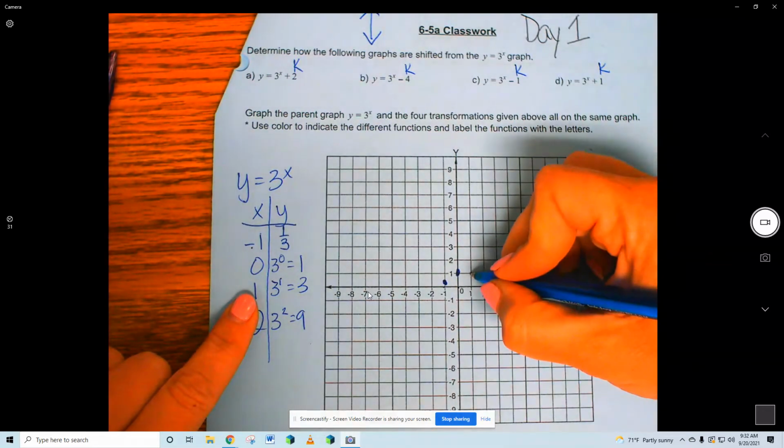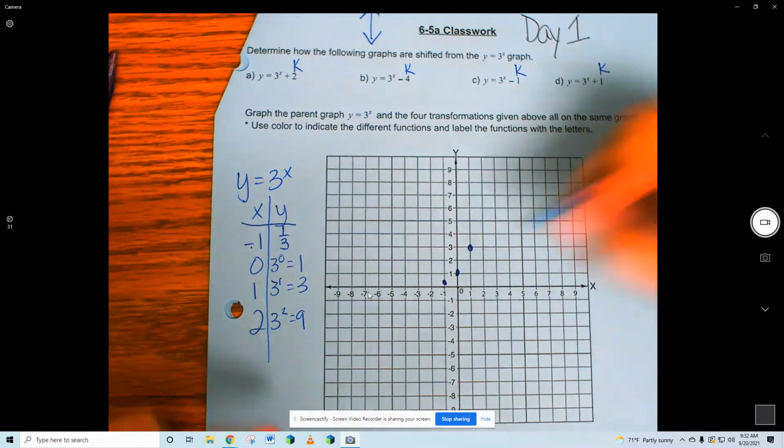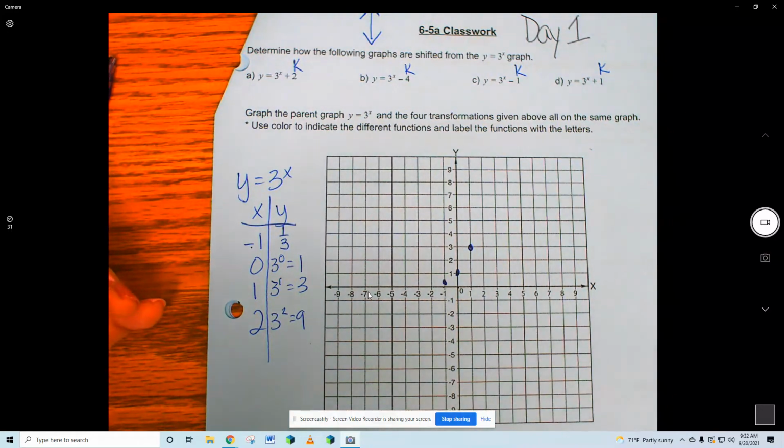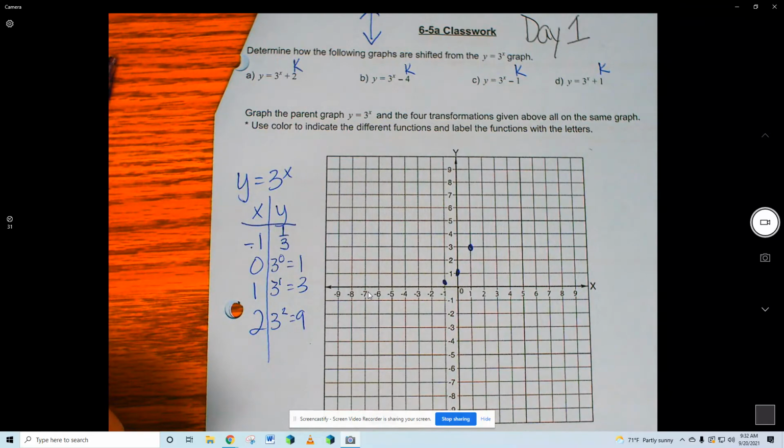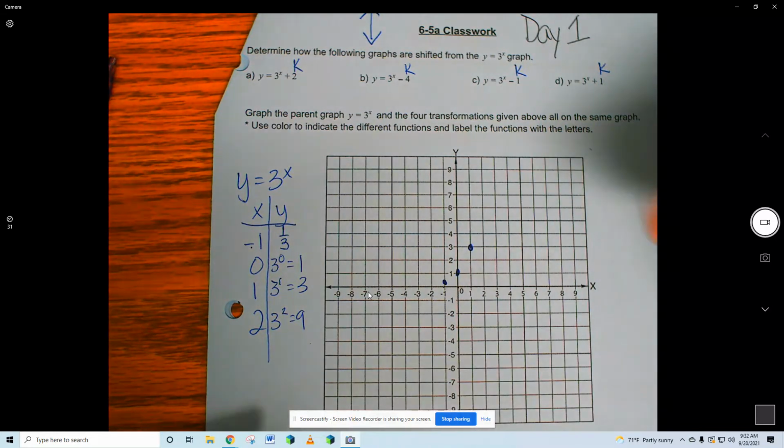Over 1, up 3. And 2 comma 9. Over 2, up 9.